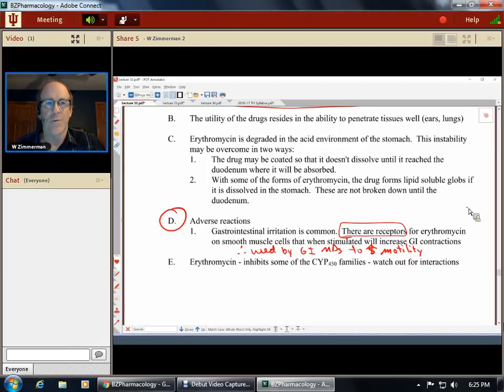If you're using erythromycin, it plays around with a lot of the people. Azithromycin, clarithromycin, not so bad, but erythromycin causes a lot of trouble.